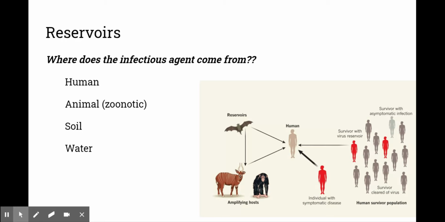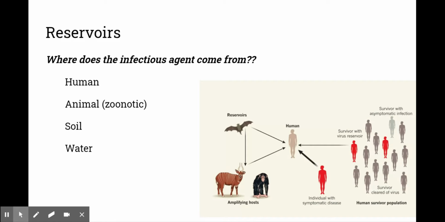Some, looking at you, COVID-19, come from animals, and they are said to be zoonotic. Others come from soil. They are dirty. Anthrax comes to mind. And then some come from water. So our boy John Snow knows all about that when he investigated the cholera outbreak in London. So humans, animals, dirt, and water.